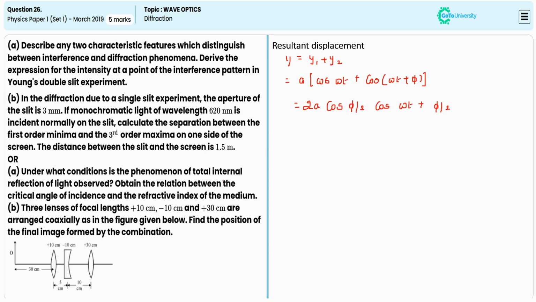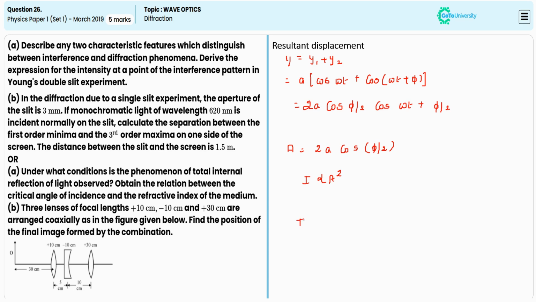Amplitude of the resultant wave A is equal to 2a cos of phi by 2. Intensity I is directly proportional to A square.